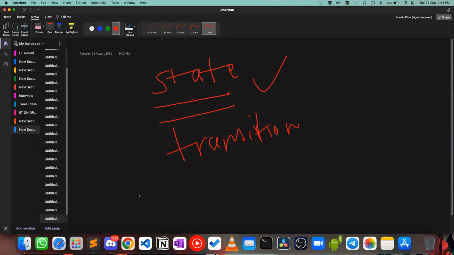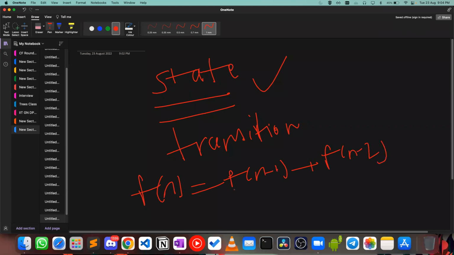We have a transition. In the problem of Fibonacci, we were saying f of n is equal to f of n minus 1 plus f of n minus 2. You remember, right? When we were finding f of 0, I cannot say that f of 0 is equal to f of minus 1 plus f of minus 2. We cannot do that, right?